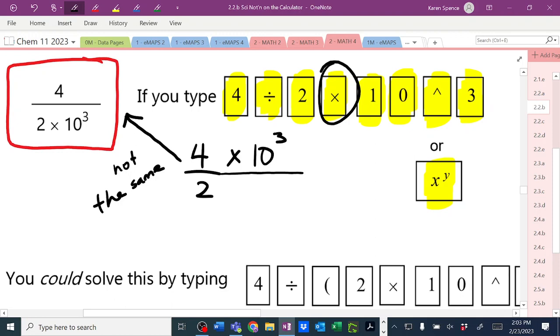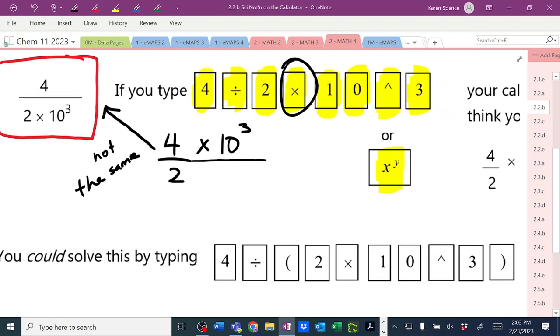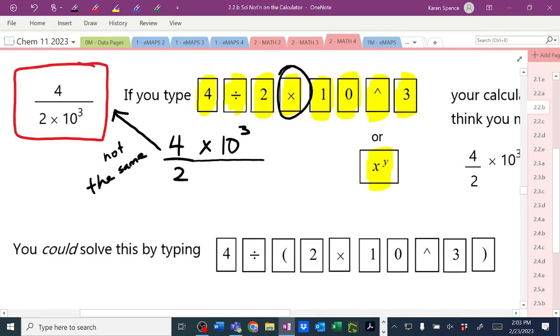You can fix that one of 2 ways. You can use the magic button, okay, or if you're really, really invested in the caret and you cannot give it up, you could put brackets around the 2 times 10 caret 3. The reason I would avoid that is because perhaps you will forget the brackets, okay?